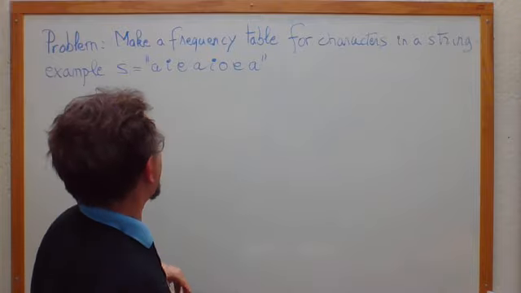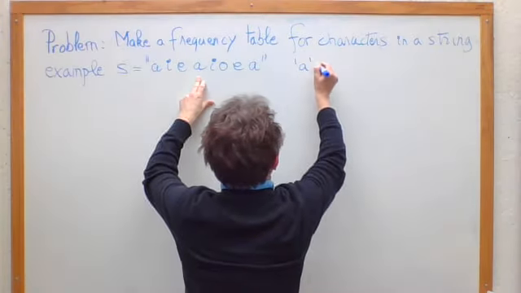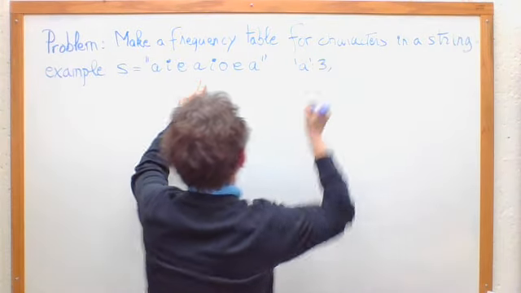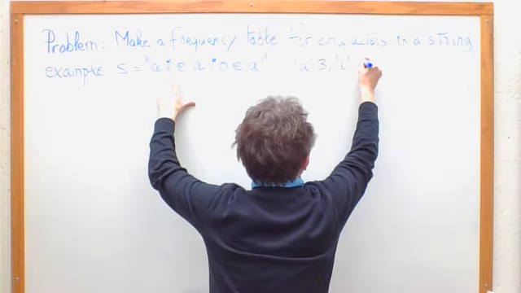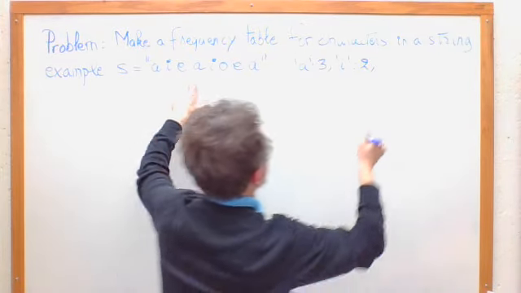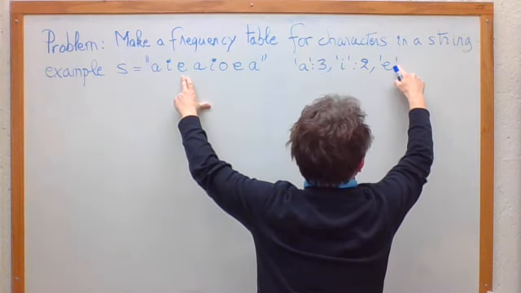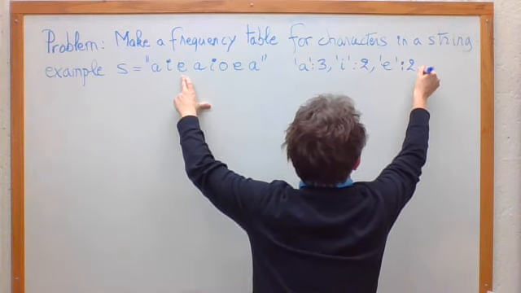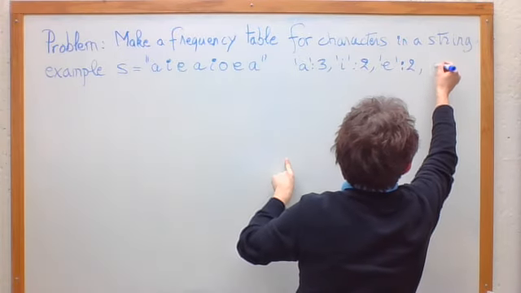Let's compute the output. So we have, starting with the letter A, which occurs 3 times, 2 occurrences of I, E occurs also twice, and we have O that appears all by itself.